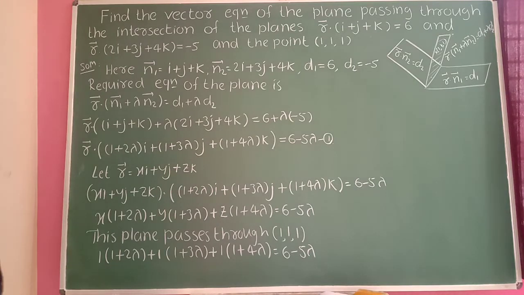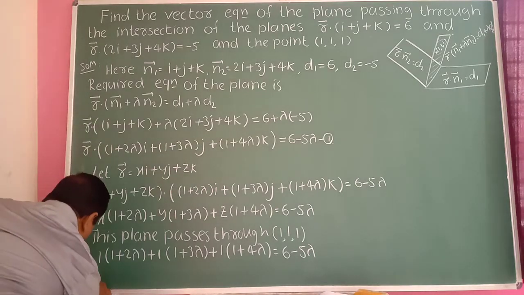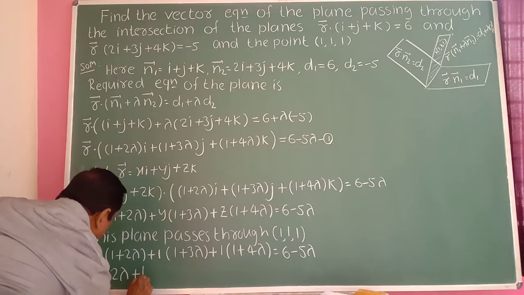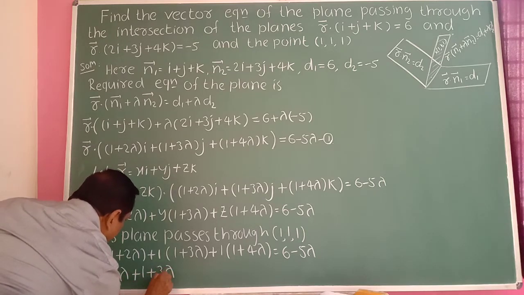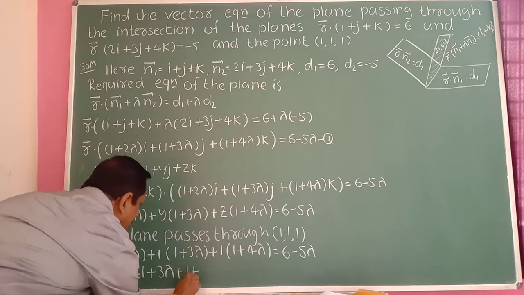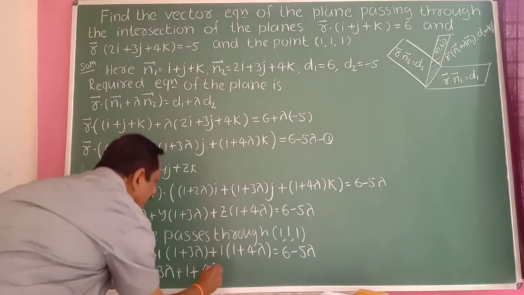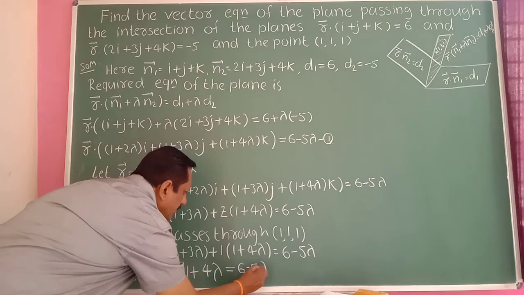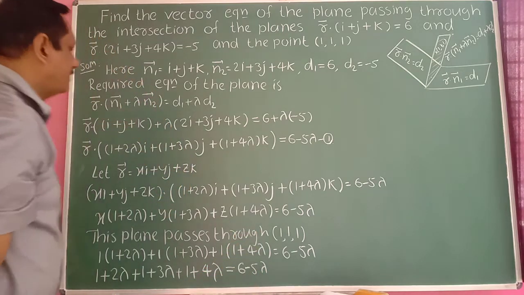Then remove the brackets: 1 plus 2 lambda plus 1 plus 3 lambda plus 1 plus 4 lambda is equal to 6 minus 5 lambda. Now you simplify.